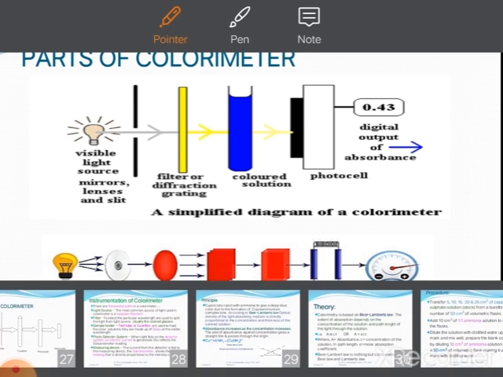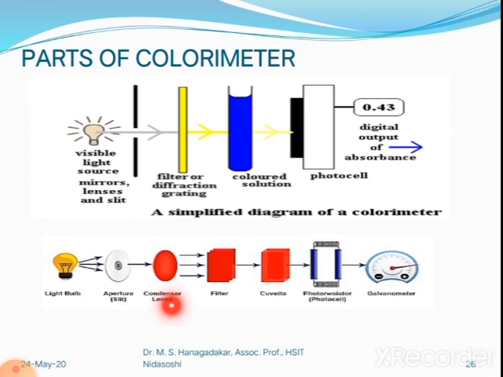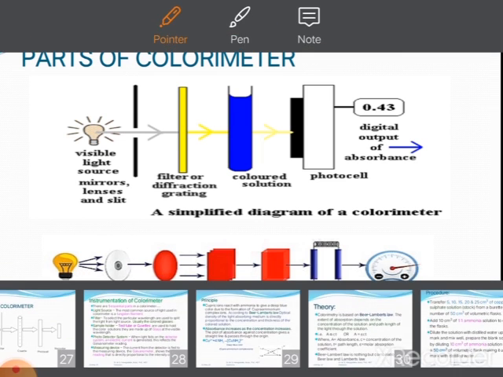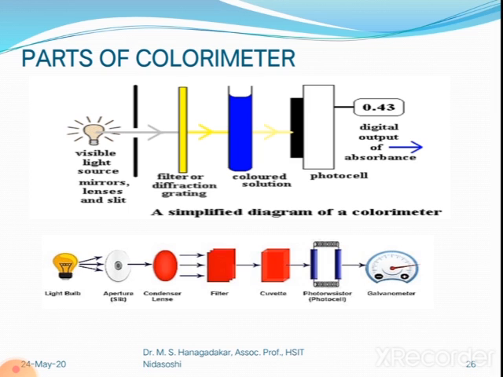Then the light is passed through a collimating lens or condenser lens to make it more intense radiation. Then that light is passed through the filter. Filters are usually made of colored glass, and different wavelengths or frequencies of light radiation are passed through them.